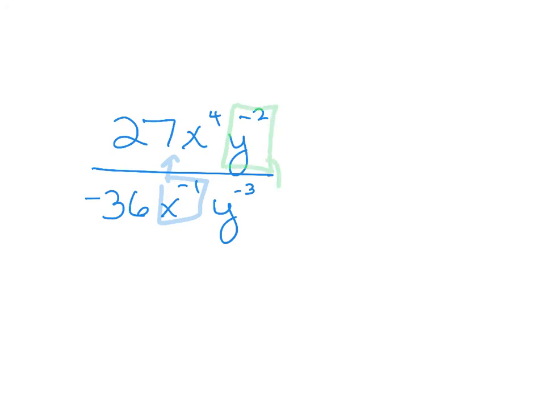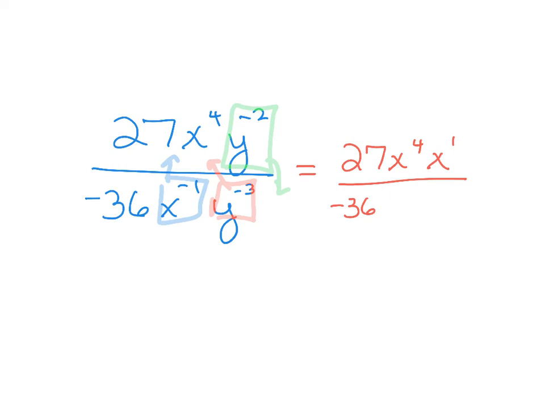So that will come down. And then lastly, the y to the negative 3 would go up. So let's rearrange the problem. So this would become 27. X to the fourth is positive. It stays where it is. The x to the first will come up. Then the 36 is down at the bottom.